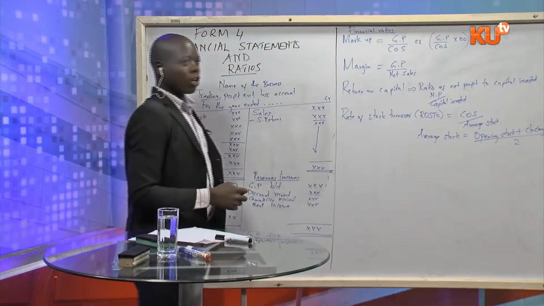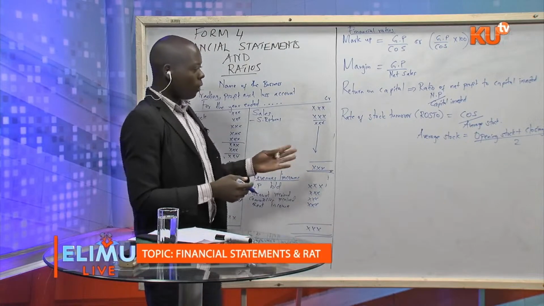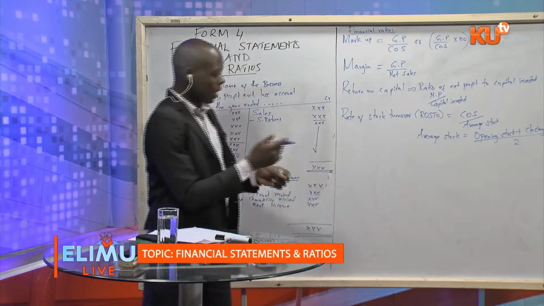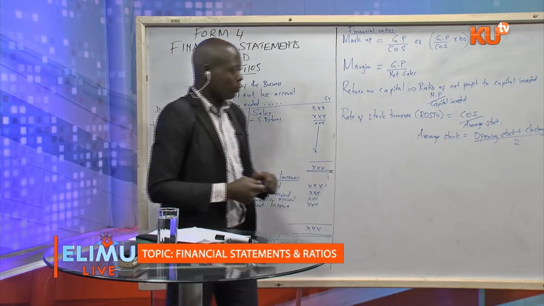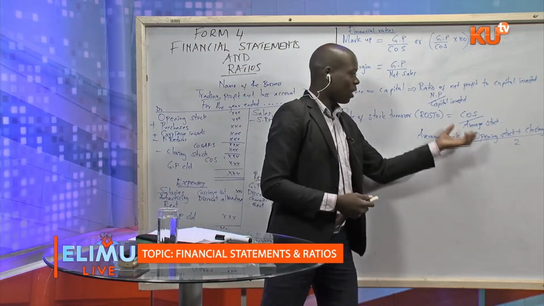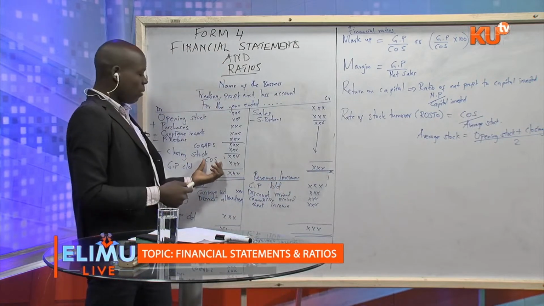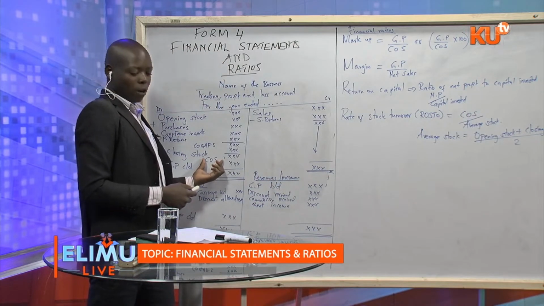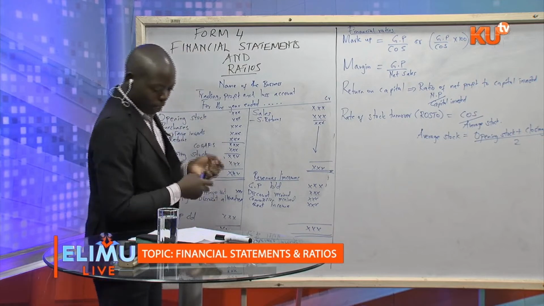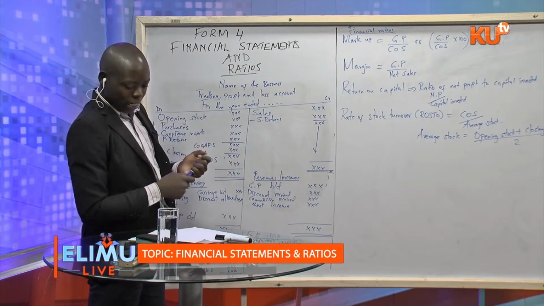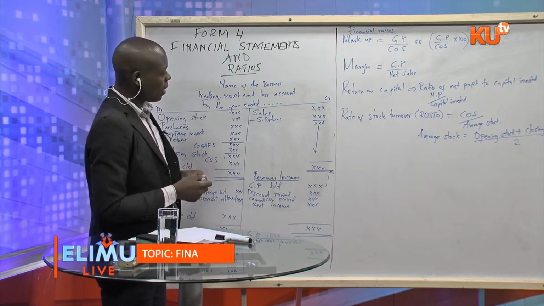That is how we get average stock: opening stock plus closing stock, and then we divide by 2. So the figure that we get here, we now divide it by cost of sale. And remember, this is where we have the cost of sale. So those are important ratios that we need to look at in the calculation.